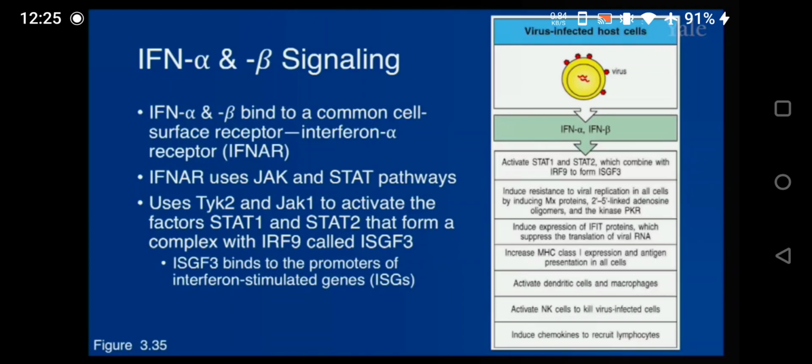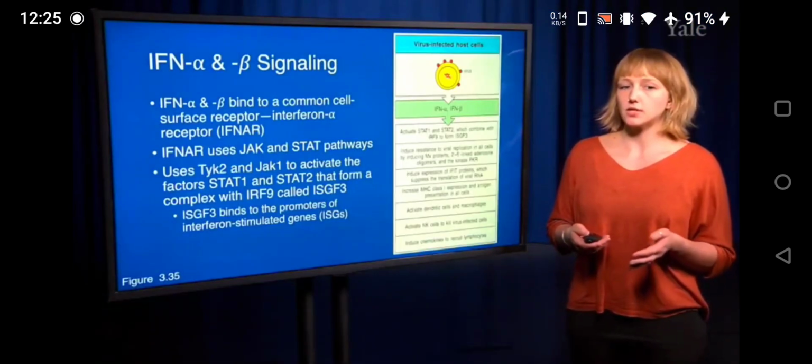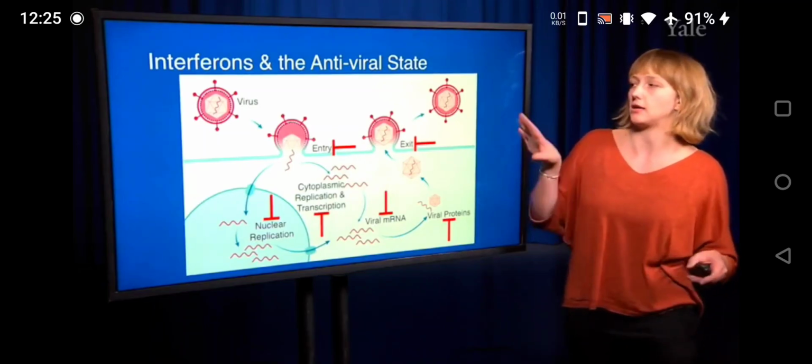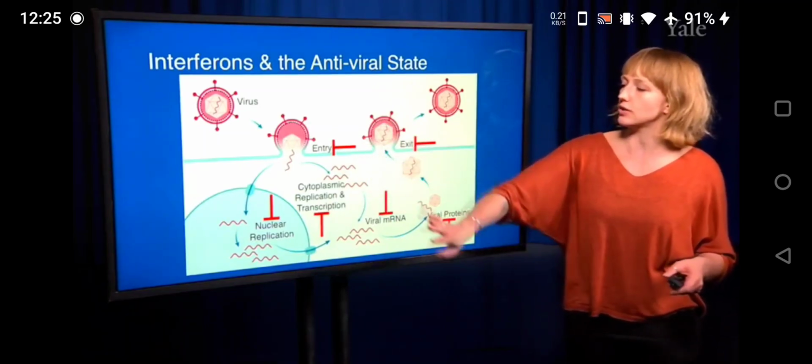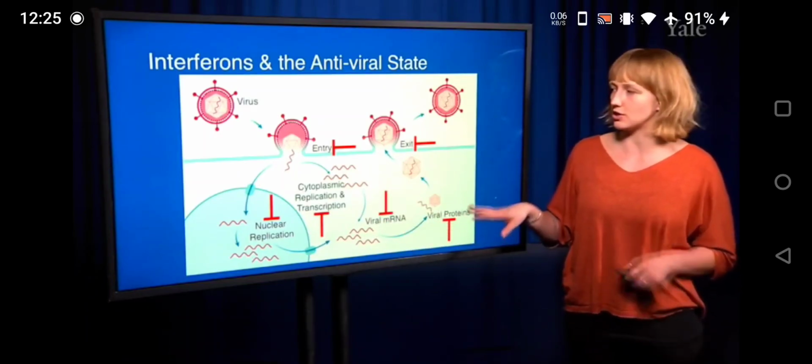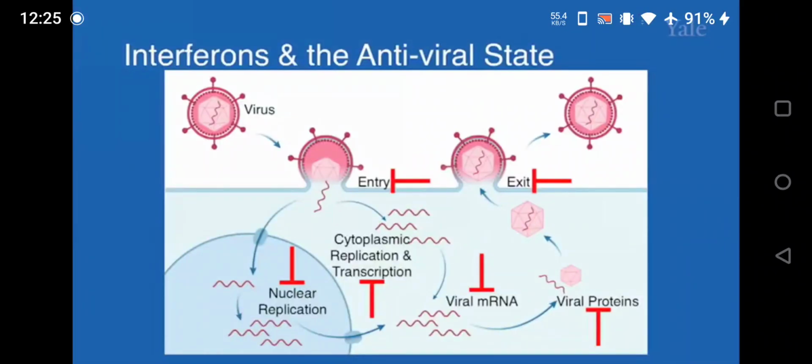If you look at viral replication, taking a step back, from entry to replication to protein generation to exit, type 1 interferons can block essentially every single stage of virus replication, which is really great in the prevention of a viral infection.